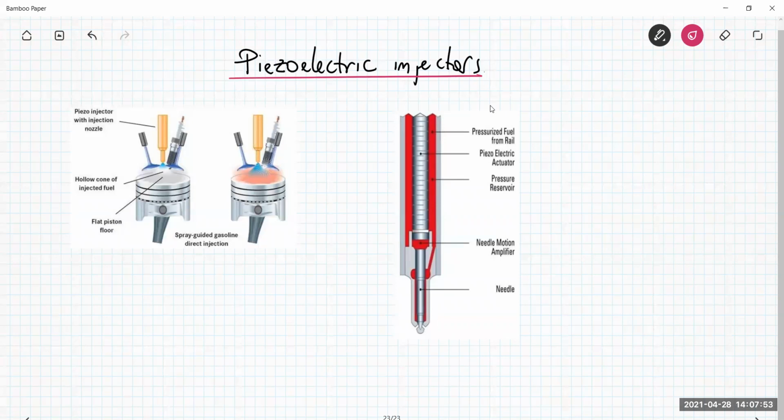Let me call this the injection computer. It has exactly the role of optimizing the quantity of fuel that you have to inject into the combustion chamber of the engine.